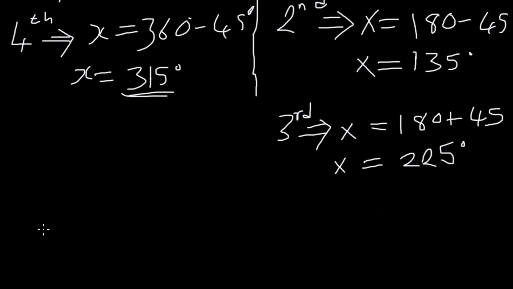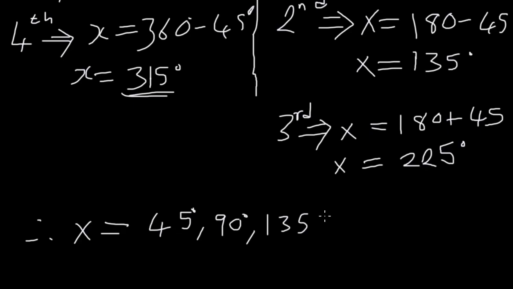And hence now you list your final answer. You say, therefore, my values of x are as follows. You start with the smallest one, which is 45, and then we have 90. From 90 we have 135 degrees. Then from there we have 225 degrees.